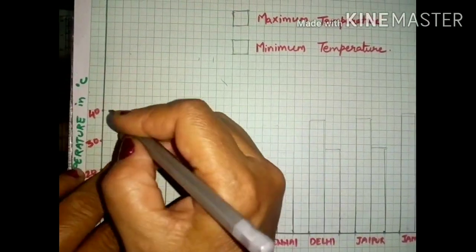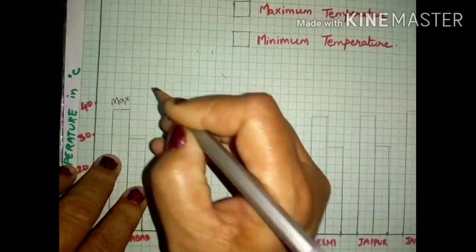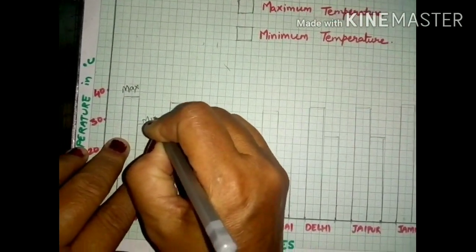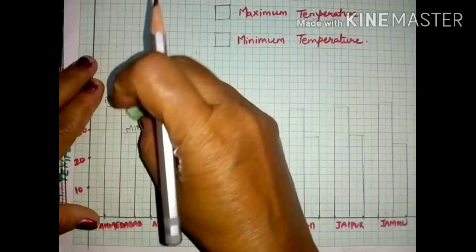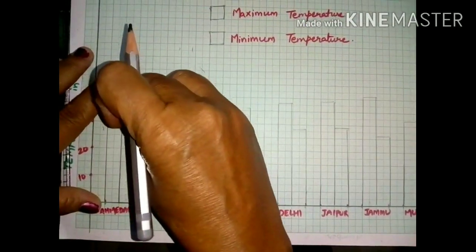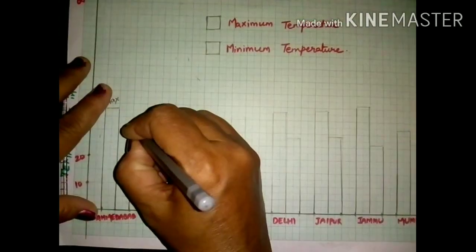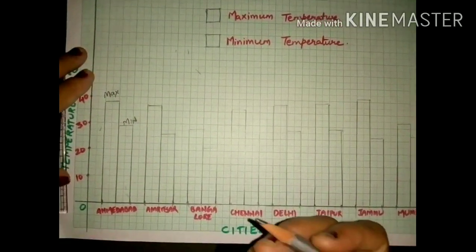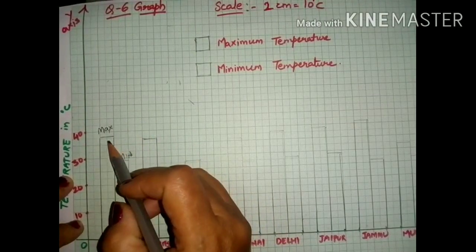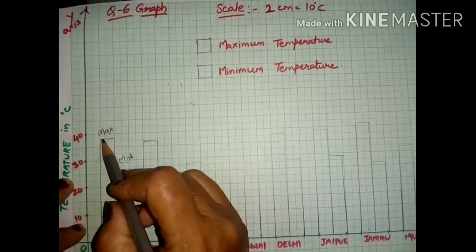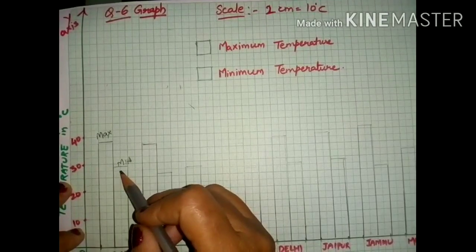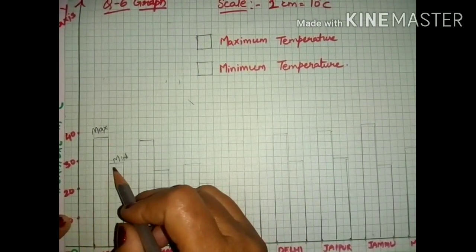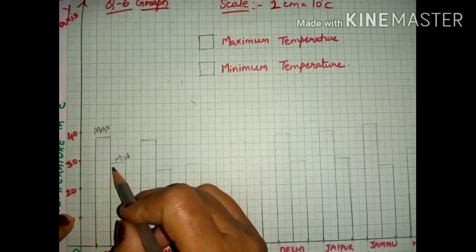Now we will write here maximum and minimum. So maximum for first bar, minimum for second bar. Now, to differentiate both the bars, we will shade the second bar in all. We will show maximum for first bar, minimum for second bar, and we will shade the second bar in all.